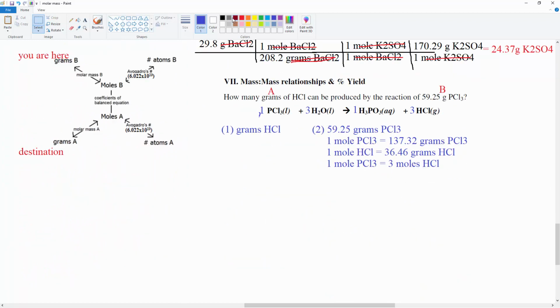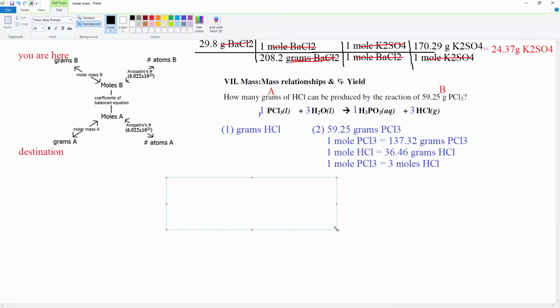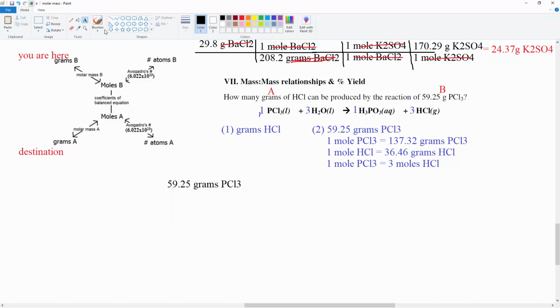All right, so to set this up, where are we going to start? Yeah, 59.25 grams PCl3. And you can go backwards, but I think using the roadmap, it's helpful to be consistent. So we're just going to start at the start here and work our way towards the destination. It says we need the molar mass of B to make that happen. Where do I put it?